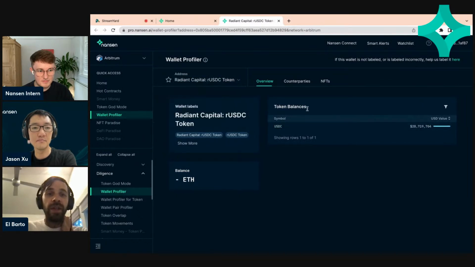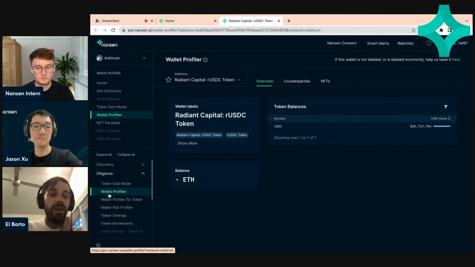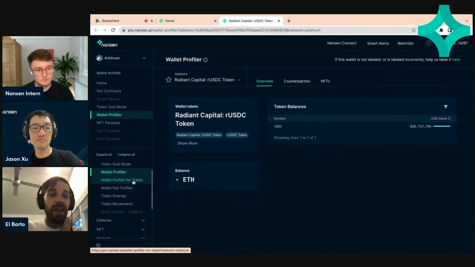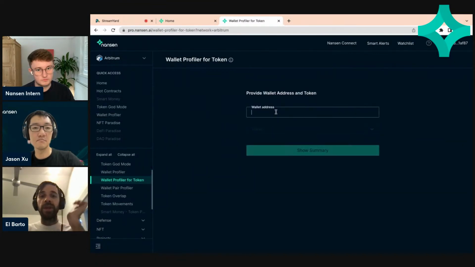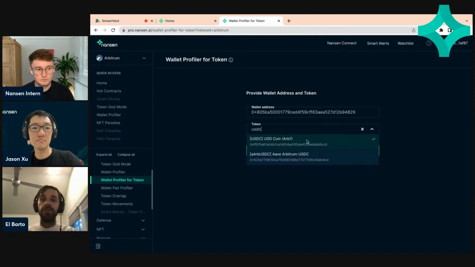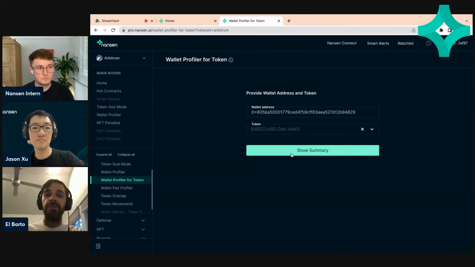If you see a new farm come up and you want to see who is going into it, and whether you should actually farm this, the best way is to take the farming address and ask what coin you have to deposit into this address, so USDC.